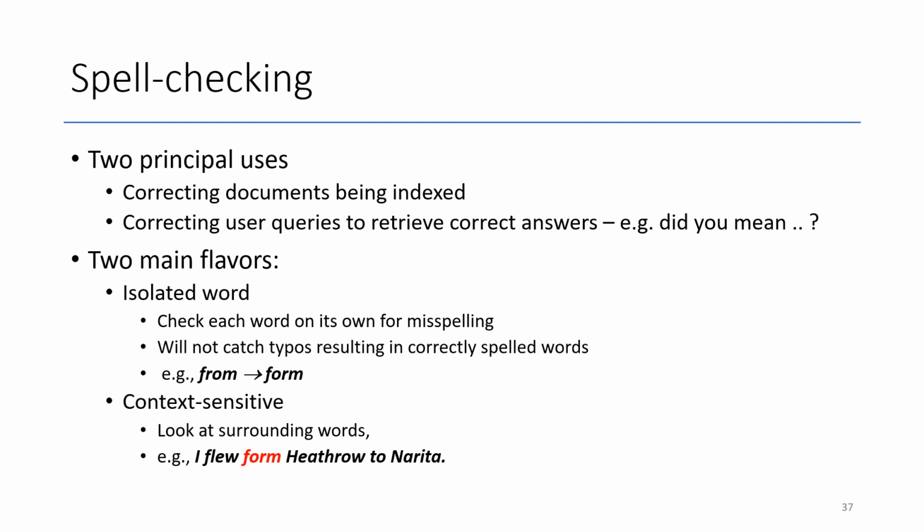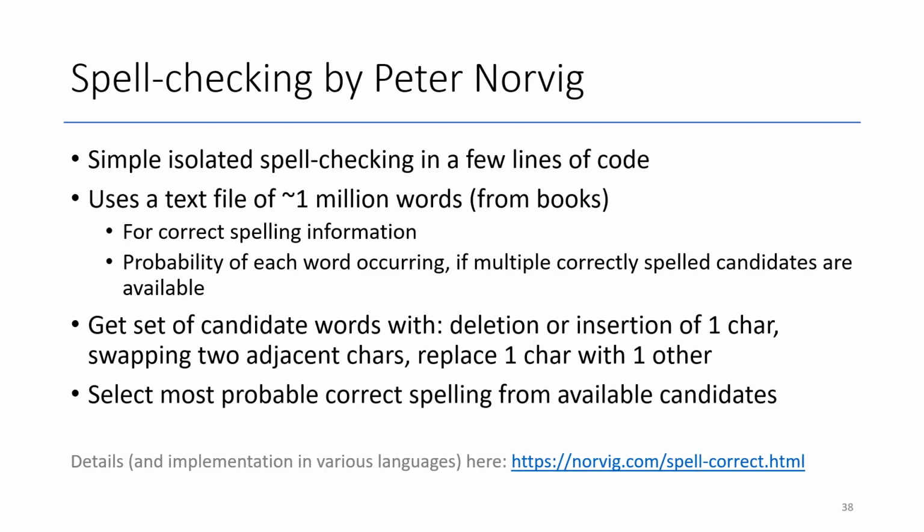While this is very simple and efficient to do, it will not catch typos that come from a context of words. Context-sensitive spell checking has to look at surrounding words to know if a certain word is the correct one applicable in this scenario.